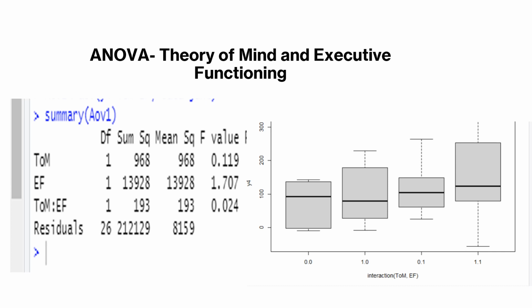You can see that the median value is quite around the same, even though the distribution is slightly different. In those without theory of mind, the distribution is negatively skewed, whereas in those who do have theory of mind, the distribution is more positively skewed, with the upper quartile of the box plot showing that there's more data concentrated there.